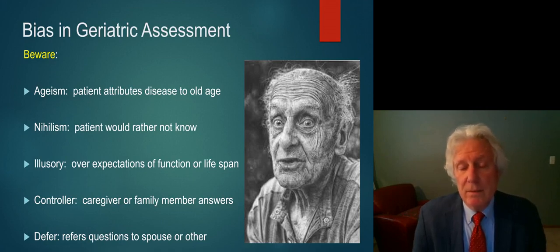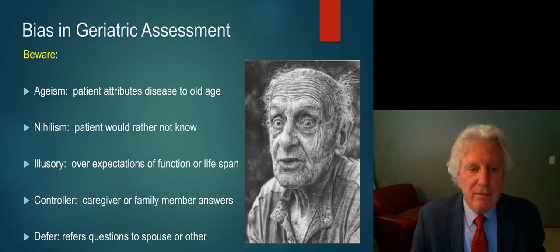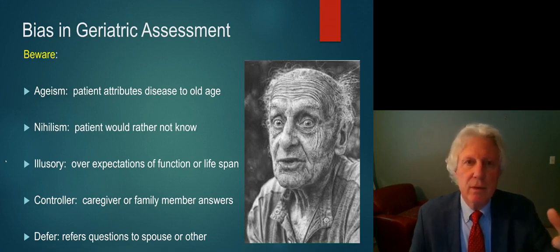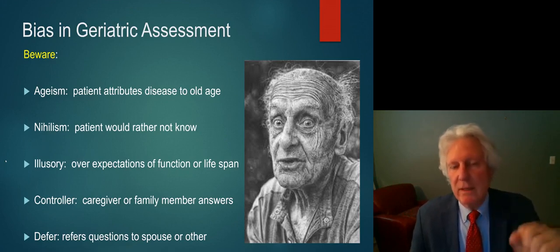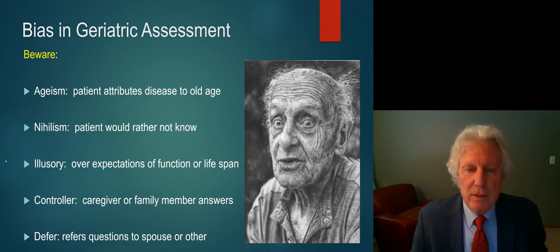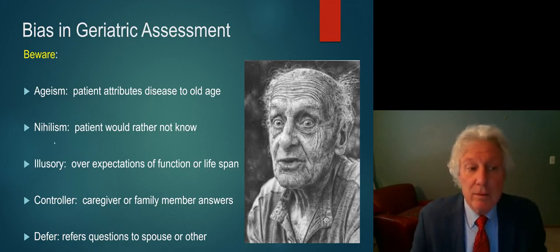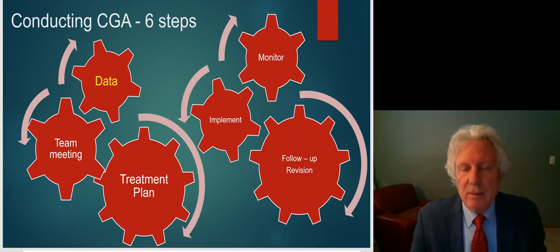And then because of dementia and cognitive issues, you have biases that occur when the older adult defers questions to their family member, and you get that family member's impression through their own filter and may not necessarily reflect the older adult's point of view, either prior to a cognitive impairment or even during their dementing disorder.